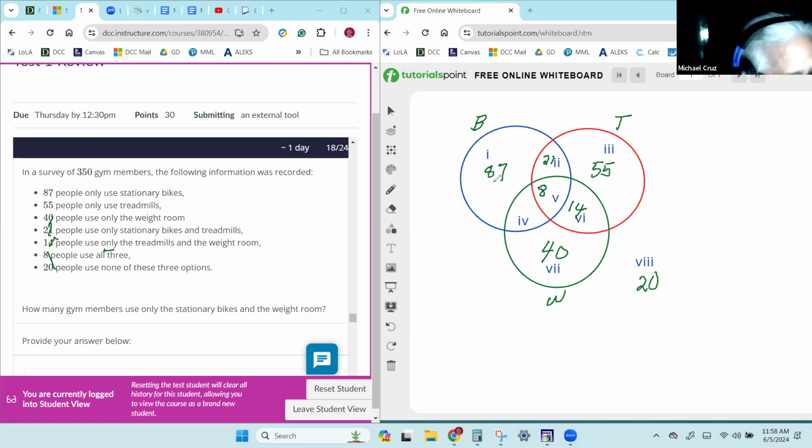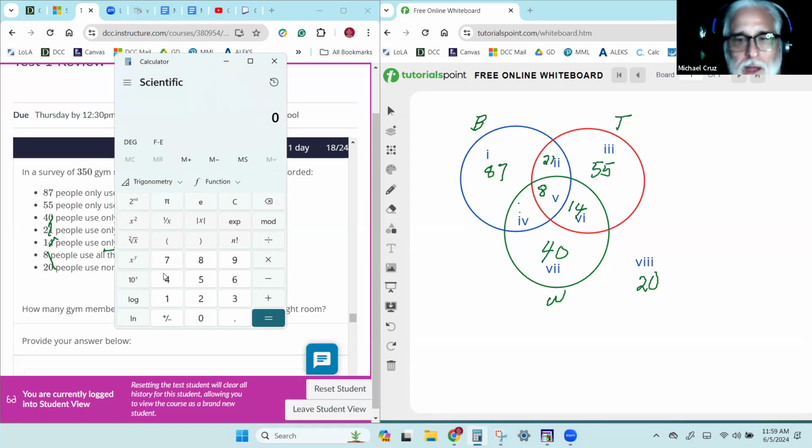We need to have every one of the 8 regions filled in. Have we done that? Right here, we're missing one. So what can we do? Since we're only missing one, we can add them all up. So that's 245.